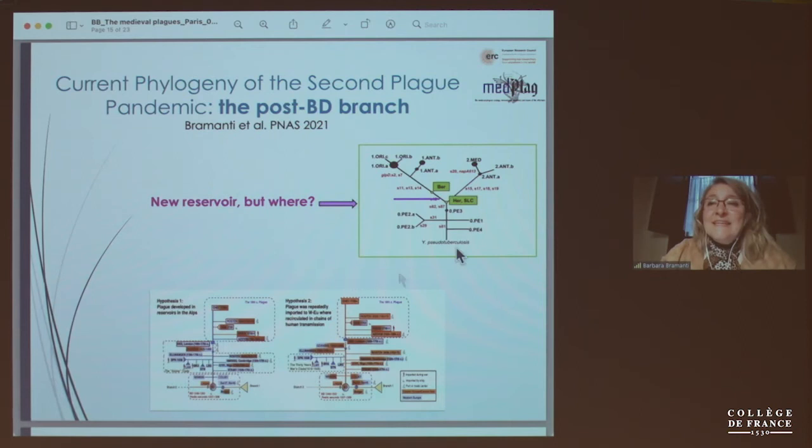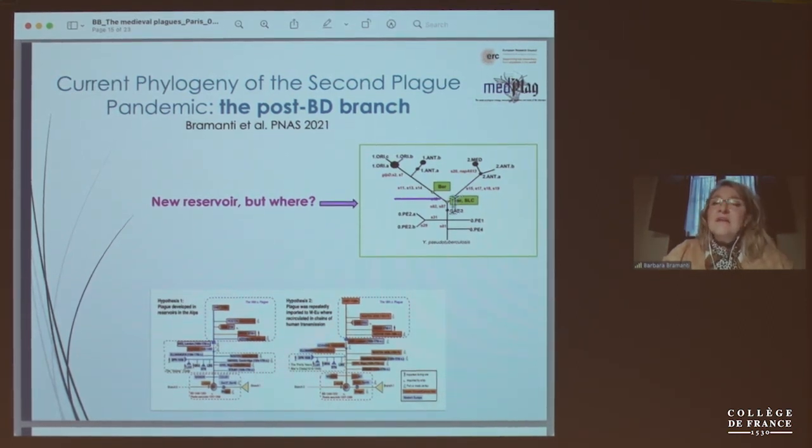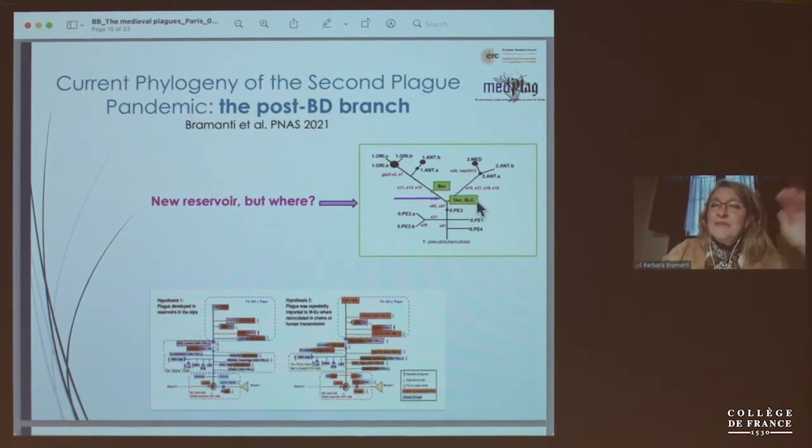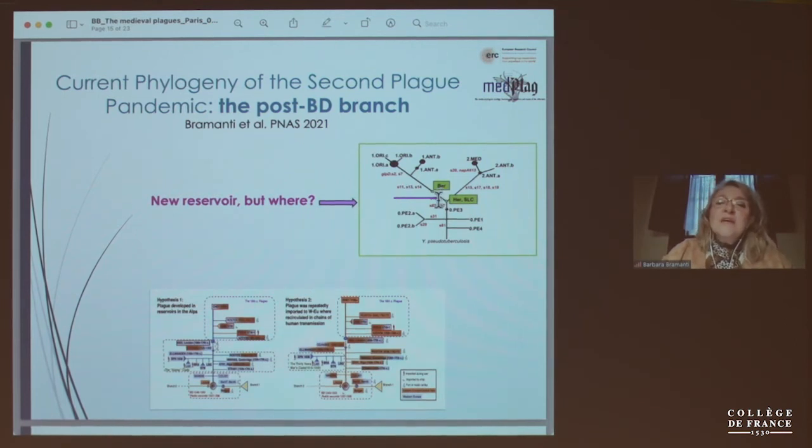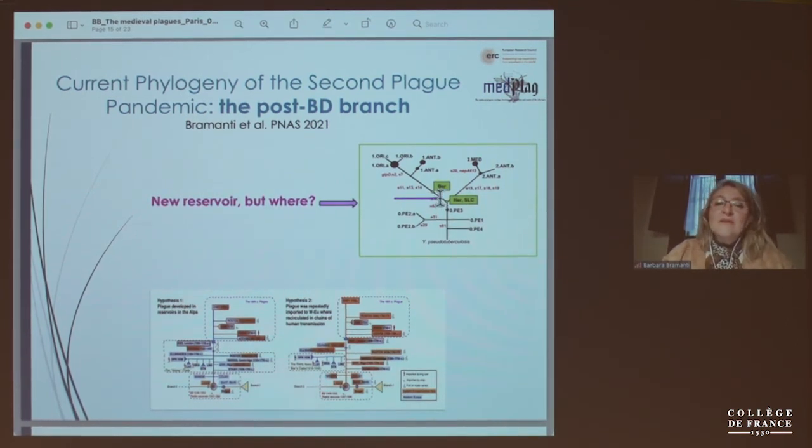What is clear now is that Saint-Laurent de la Cabrillerie can be placed a bit closer to Bergen-op-Zoom, together with all the other strains of the Black Death.